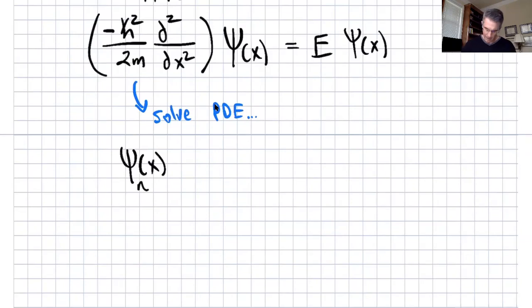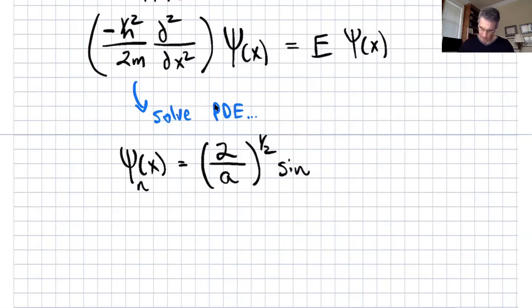The wave function equals the square root of 2 divided by a, where a is the length of the box, times the sine of n pi x, where x is our particle's position inside the box, divided by the total length of the box.